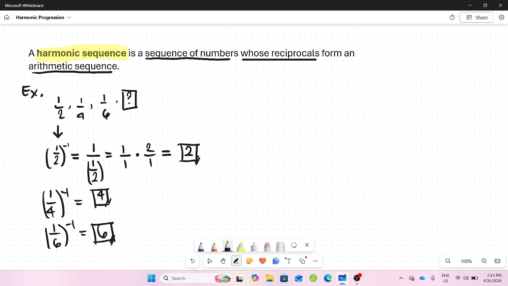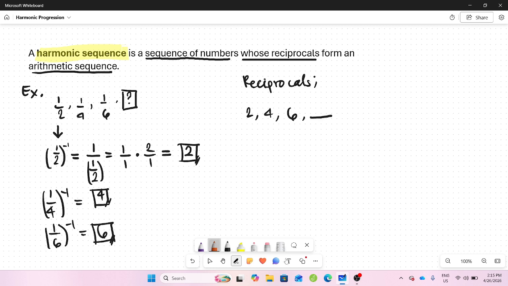Now, we get these reciprocals. So I want to write this here. These are the reciprocals. We get 2, 4, 6. So what should be the next term?